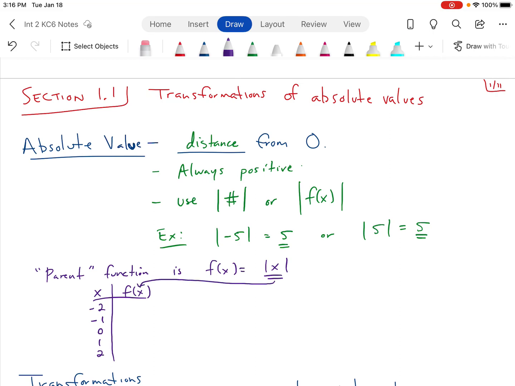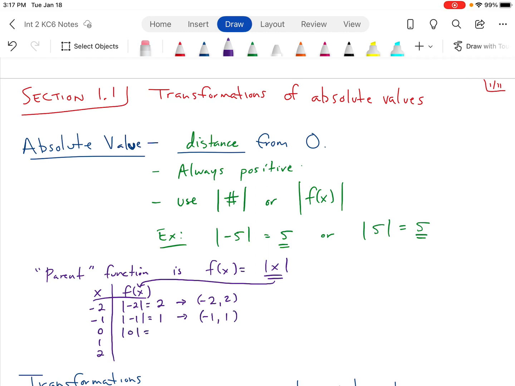Okay, substitute. So if I put absolute value of -2, my answer will be 2. That means my coordinate when I graph this point is at -2, 2. I'm going to do the same thing for all of these numbers in my table of values. If I plug in -1, I get +1, so that coordinate will be -1, 1.